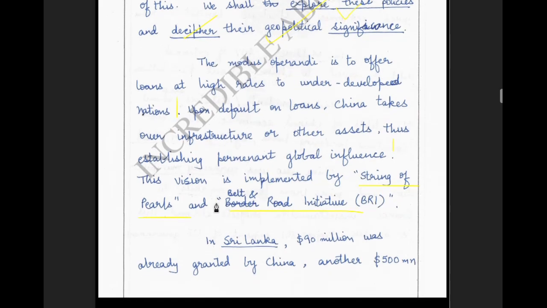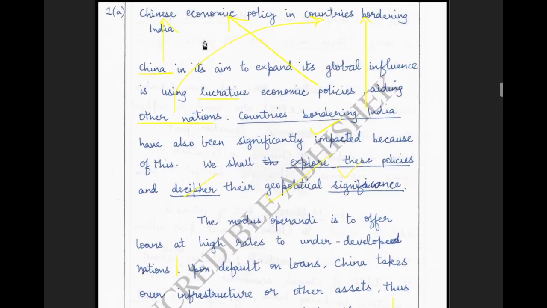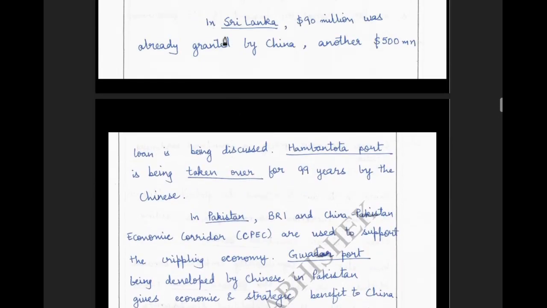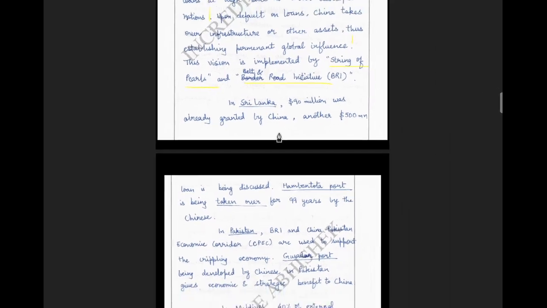Now you see, introduction is done, explanation of the topic is done. Now the candidate has started with the examples, because I told you this is a descriptive thing. So in Sri Lanka, 90 million was already granted by China. Another 500 million loan is being discussed. Hambantota port is taken over.